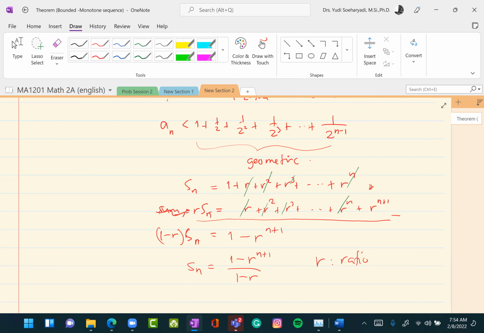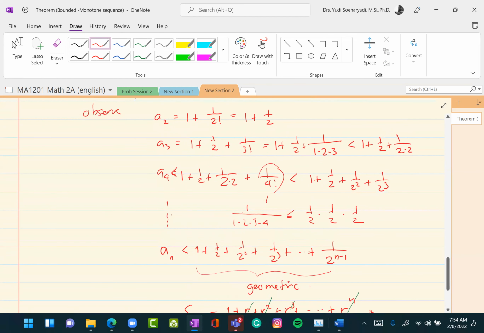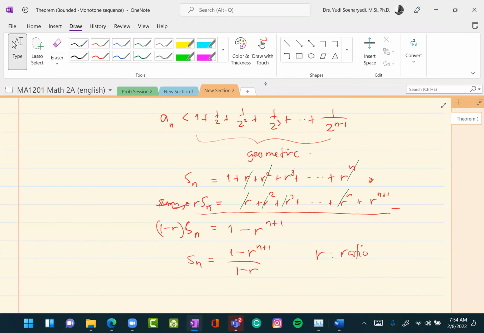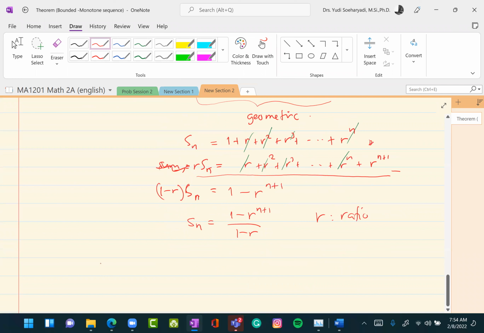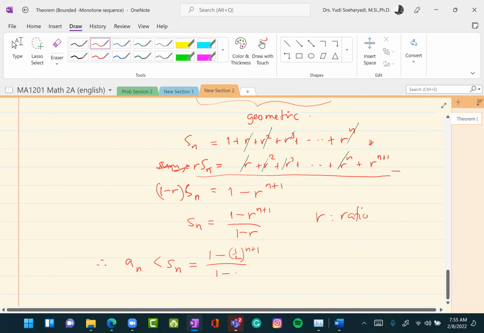So this a_n in the sequence, a_n is very less than 1 minus r to the n plus 1 over 1 minus r minus 1/2.